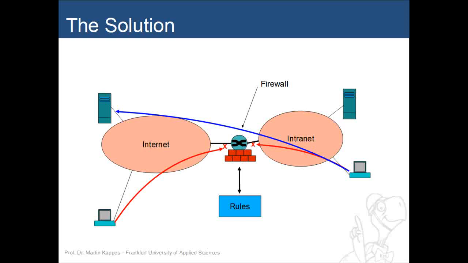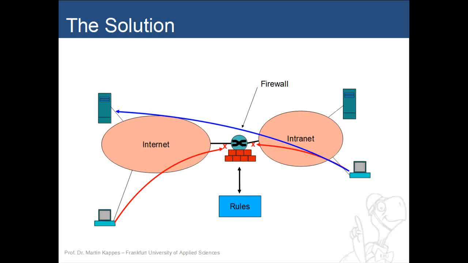So if we have a firewall, of course the intranet does not turn into an area where security is no longer an issue. In principle, none of the security threats which are present will be totally eliminated by using a firewall.